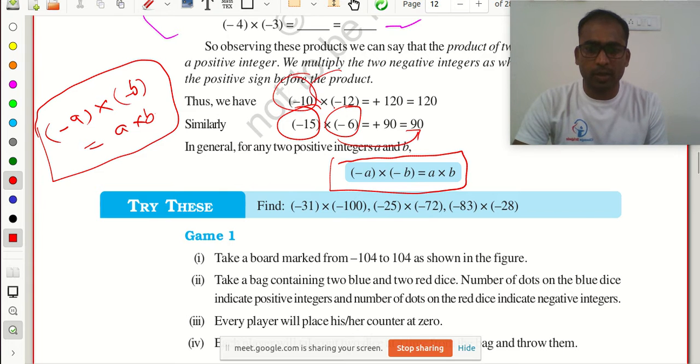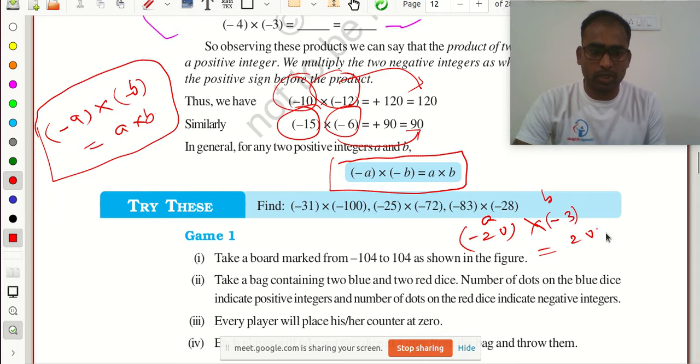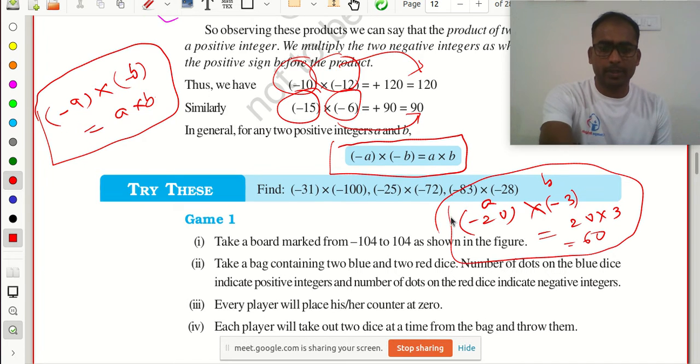Minus 10 multiplied with minus 12 is how much? 120. And one more. Minus 20 multiplied with minus 3 is how much? This is a, this is b. I will get a into b. So 20 into 3, 60. Everyone understood now this concept?